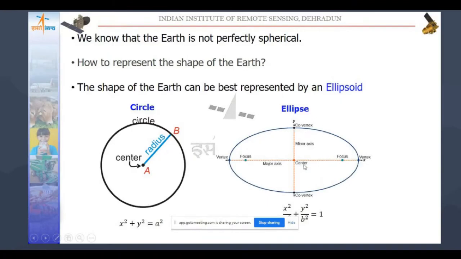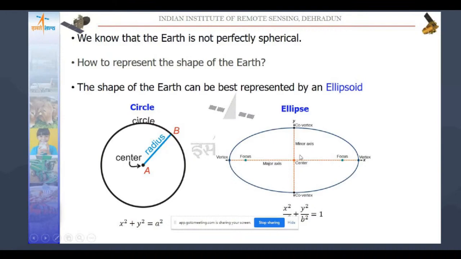So what happened here, the diameter which was in horizontal position is just stretched, and the vertical one is just shrunken. The shrunken one, the shorter one, we call a minor axis, and the horizontal one we call a major axis.